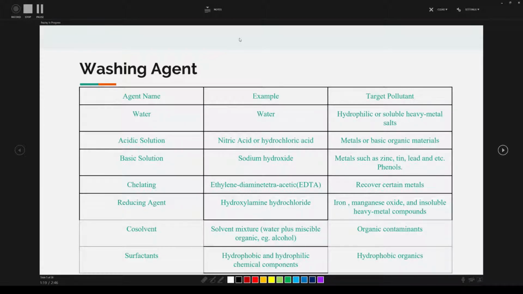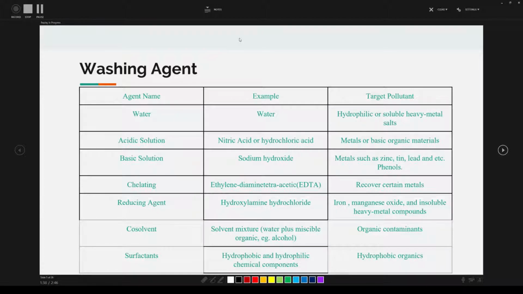And the next one is the reducing agent. The example for that is hydroxylamine hydrochloride, and it can be used to treat multiple types of metal compounds and impure metal. It includes iron, manganese oxide, and insoluble heavy metal compounds.